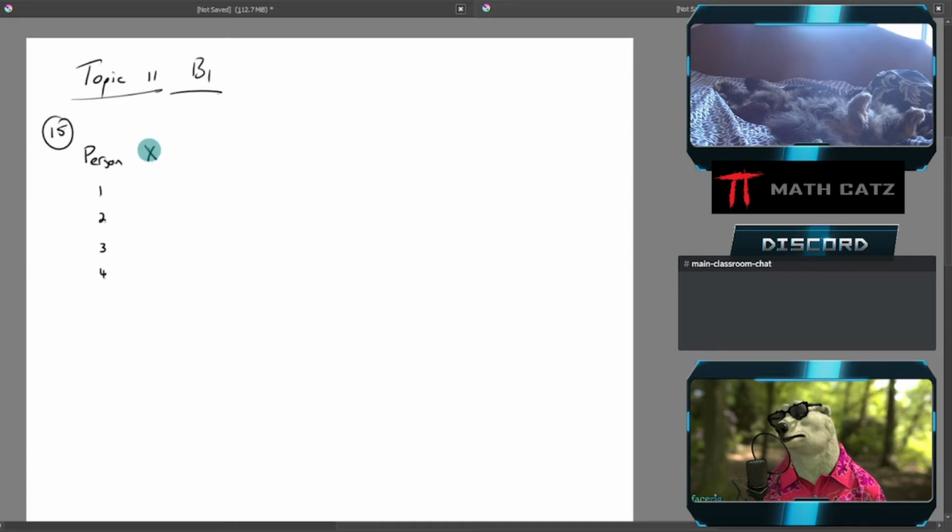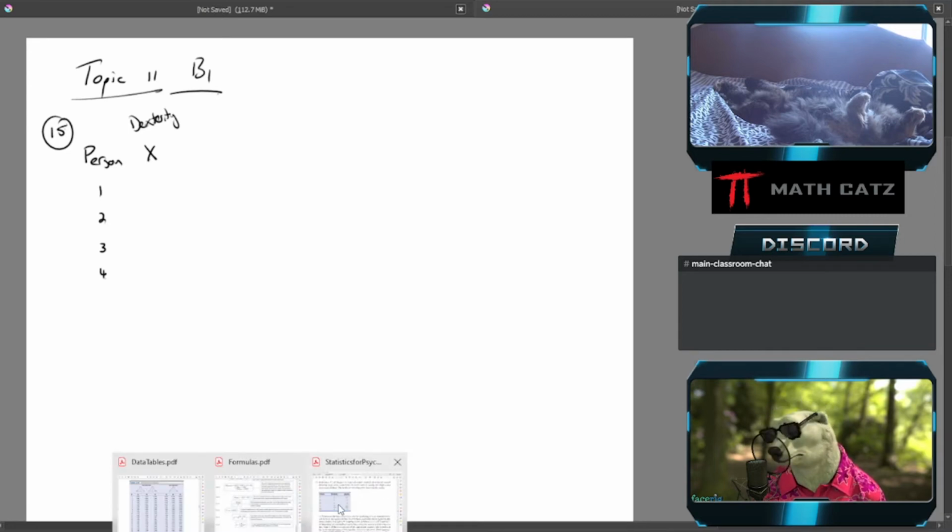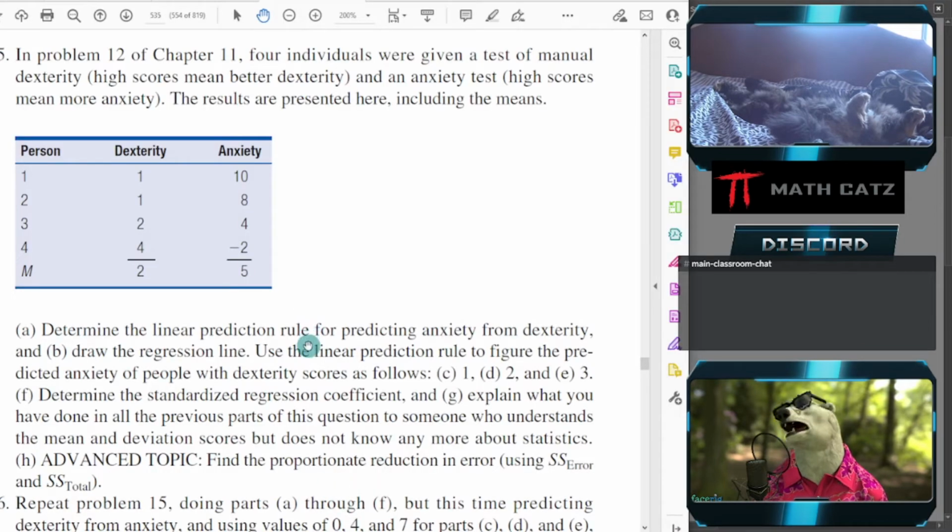We're going to use X as the dexterity variable, and Y as the anxiety variable, because they want me to ultimately make a prediction rule that gives me anxiety when the input is a dexterity score. So I see X as the input and Y as the output.